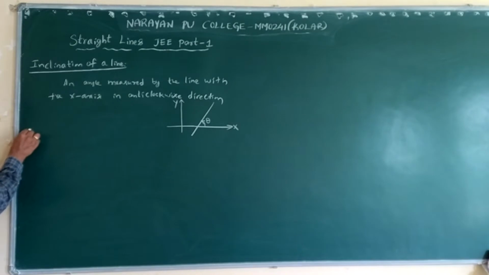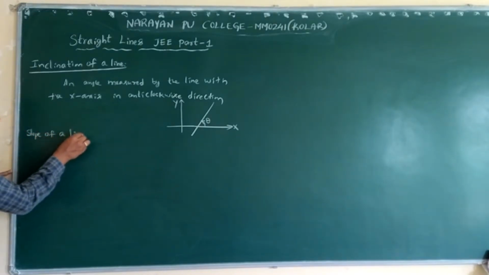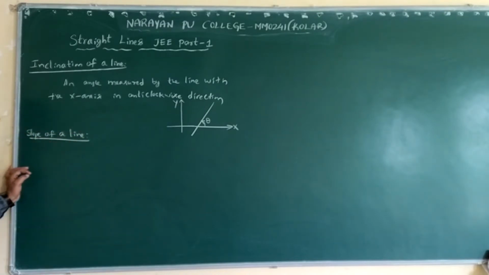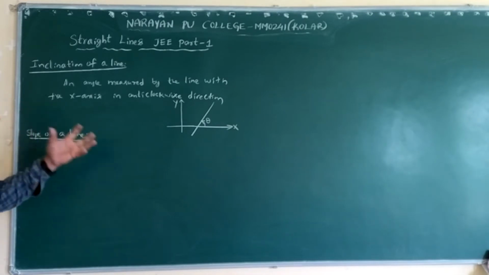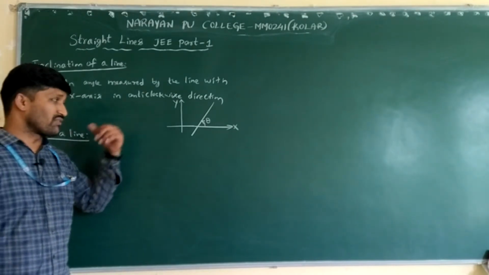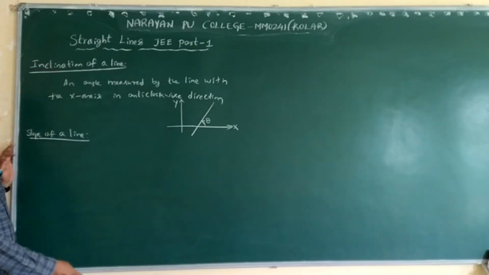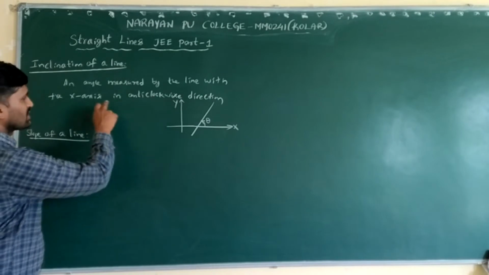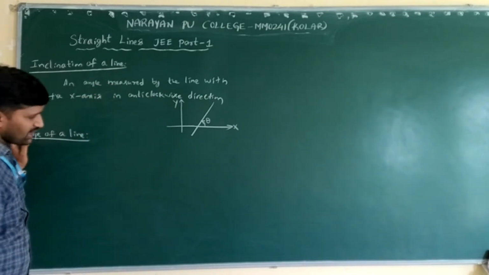Next, what is meant by slope of a line, also called the gradient of a line? If a line has inclination theta with the positive x-axis in the anti-clockwise direction, then tan theta we call the slope of a line. Theta we already know is the inclination of a line.